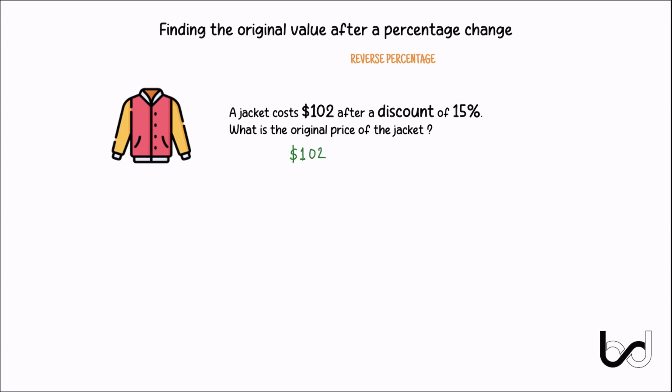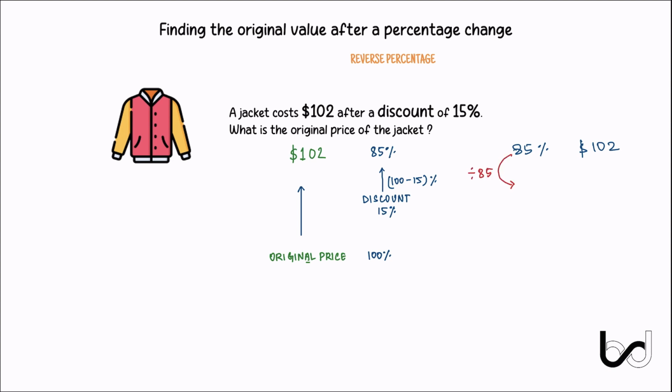Similarly, what we know is $102, and what we need to figure out is the original price. So we consider the original price equivalent to 100%. There was a discount of 15%, so from 100%, if I subtract 15%, I get 85%. Now what I know is 85% is equivalent to 102.